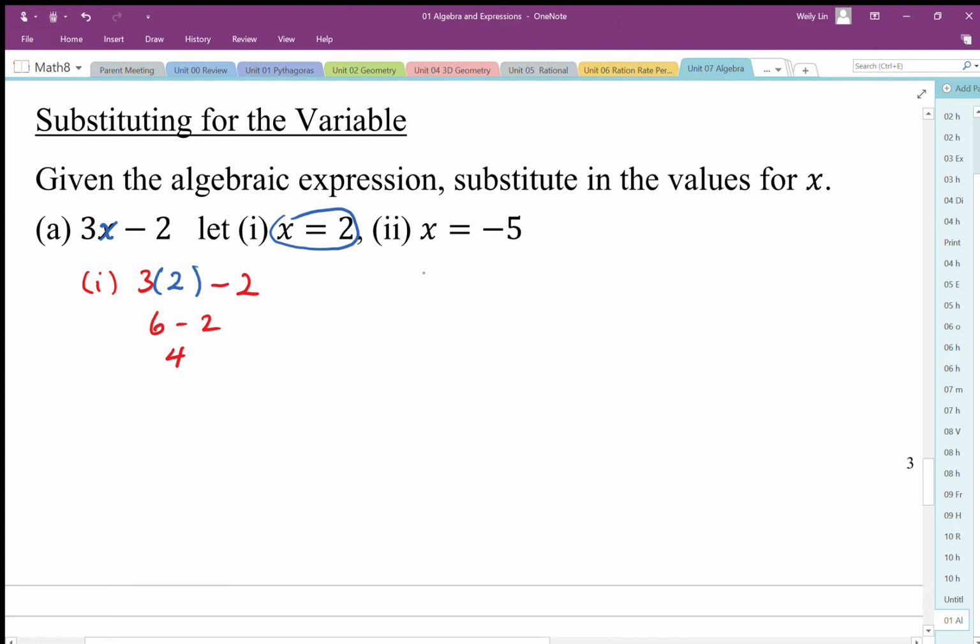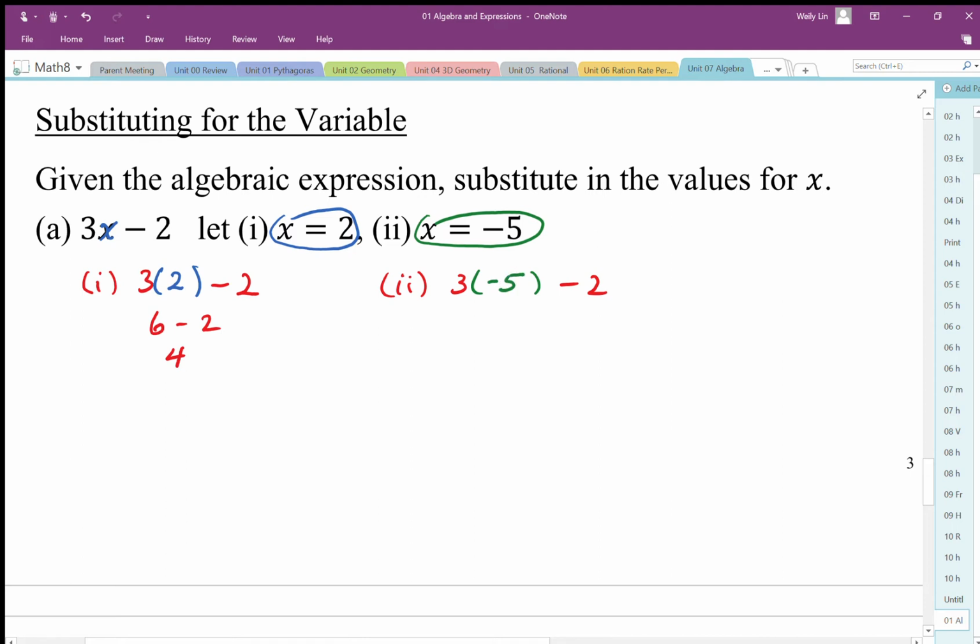For number 2, we'll do the same thing. I have this 3 times x. This time I'm going to represent x in green. Minus 2. We're going to let x equal negative 5. So I replace the x with negative 5.